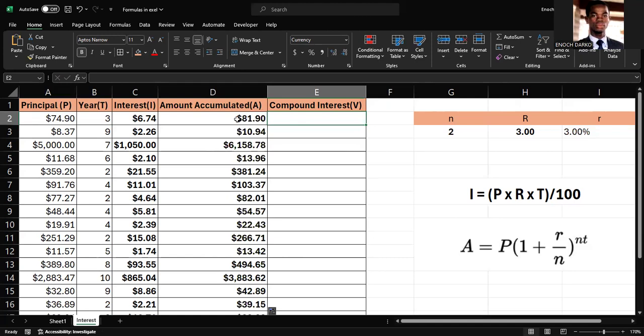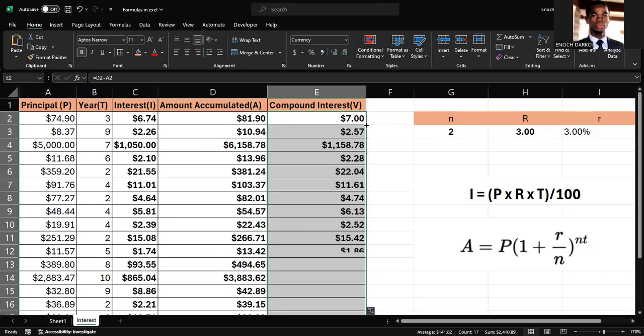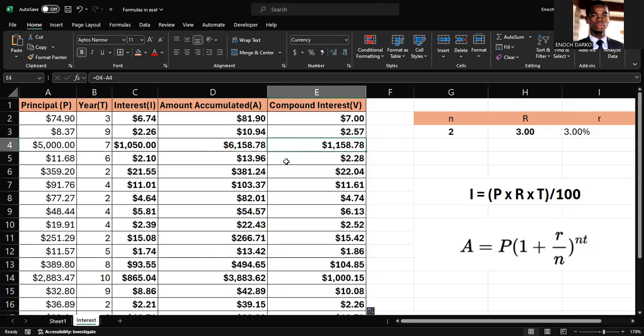I have the amount accumulated, so I'll do my subtraction here: it's equal to the total amount accumulated minus the principal. So I know that after 3 years, I had $7 on my $74.9. This is what we are getting for the other ones.